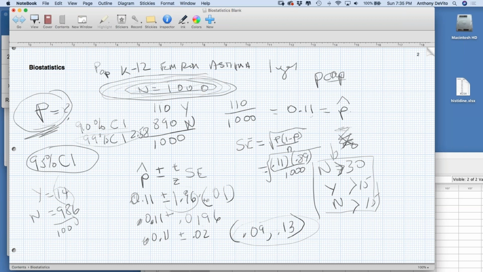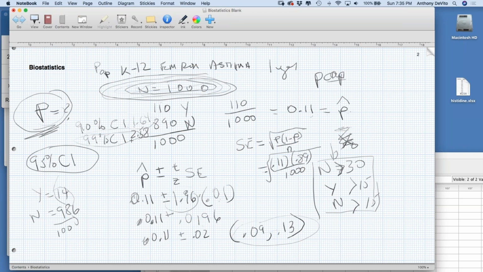Since it's a bigger number we're multiplying our standard error by, that gives us a wider range, so we're more confident that we're going to capture the true population proportion. And if we're satisfied with a 90% confidence interval, we could use 1.64.